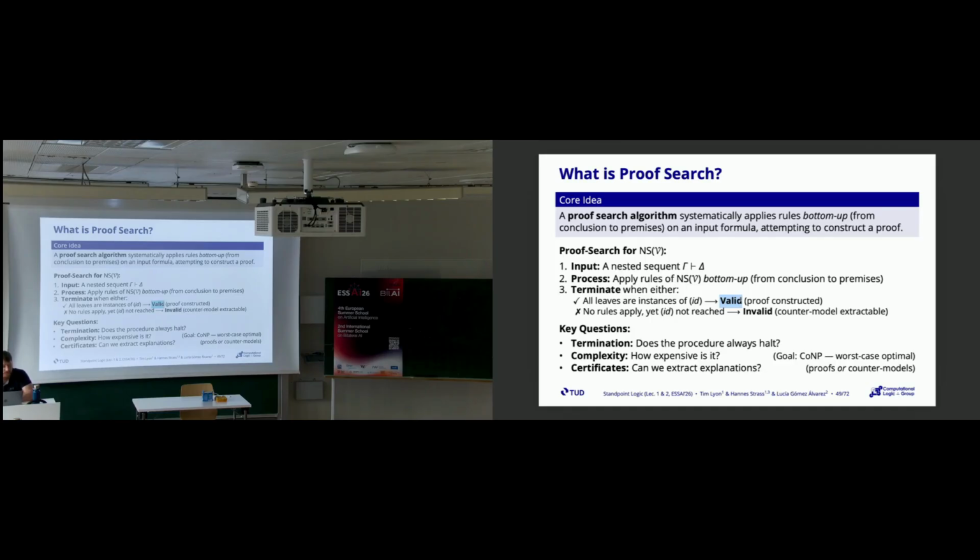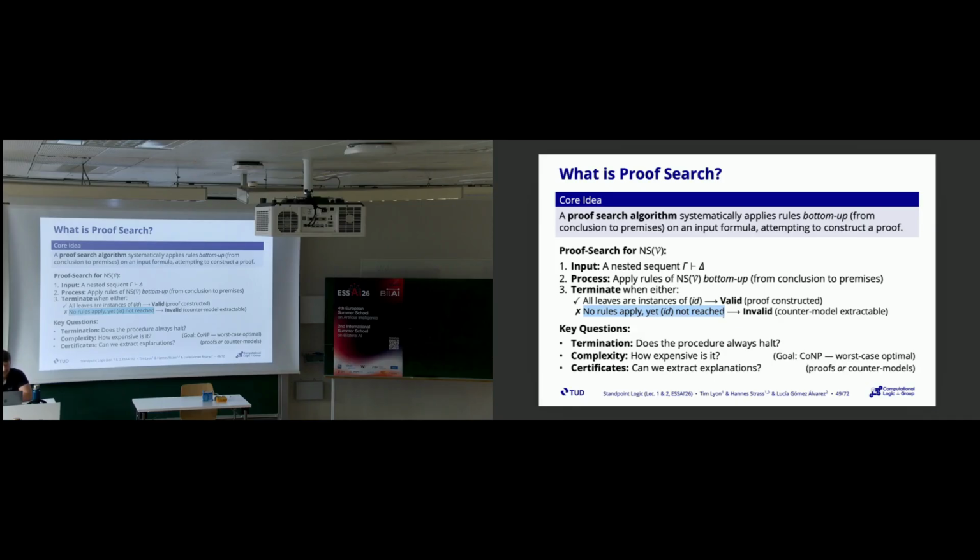Then we will have to come up with certain termination conditions, that I'll discuss over the next couple of slides, to determine when we should stop applying rules, and when an ID rule will not be achieved along some branch of the proof search. In that case, the proof search algorithm will stop and output the value invalid or false, and we will show that the concluding nested sequent can be provided a counter model.